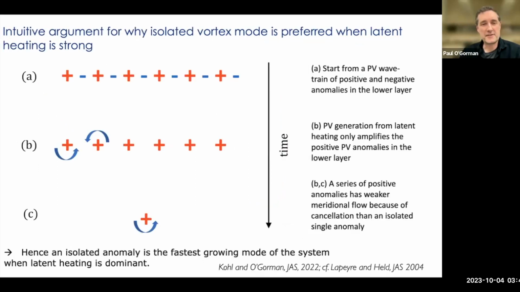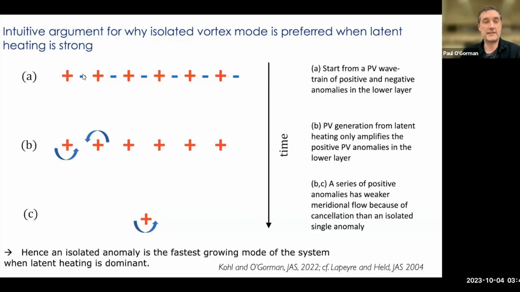I would like to just step back from the analytical results and say, well, why intuitively would you expect to go from a wave to an isolated vortex mode when you have strong latent heating? And so this is a thought experiment to think about that question. So let's say we started at the top here with a wave train of positive and negative PV anomalies, like so. Say this is in the lower layer of our model.